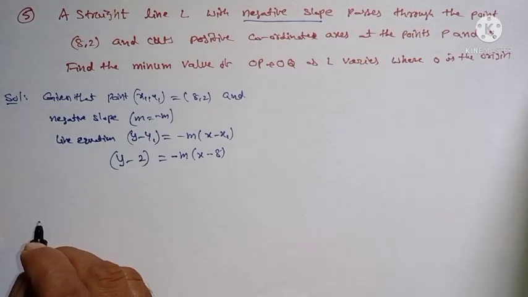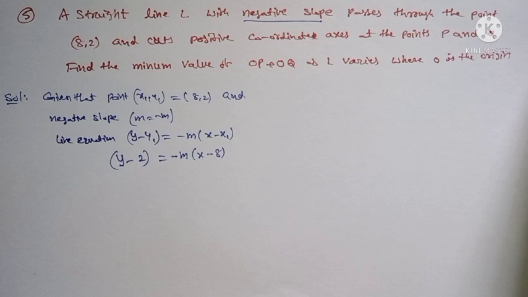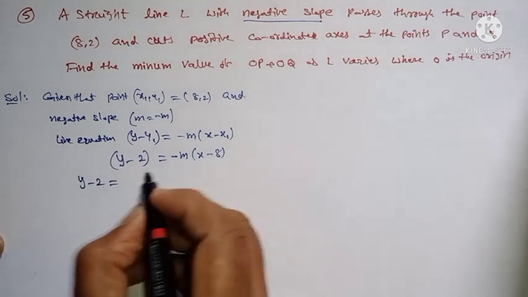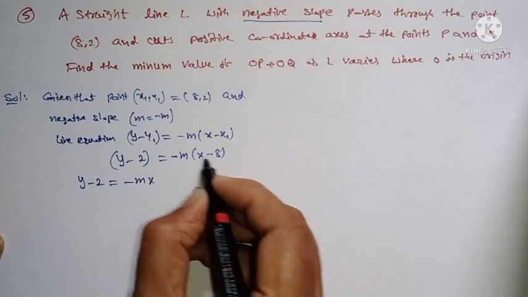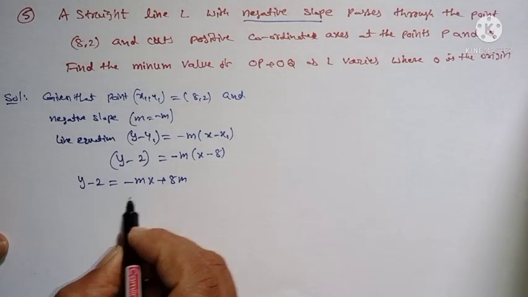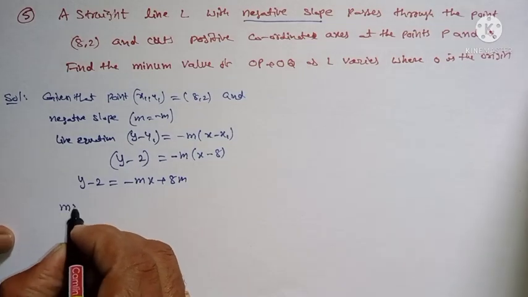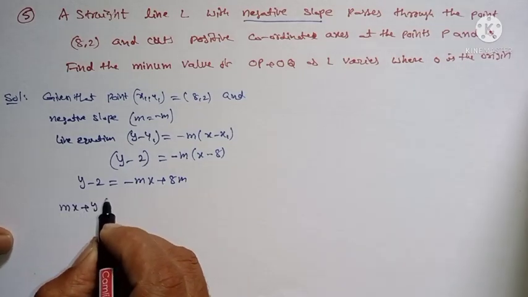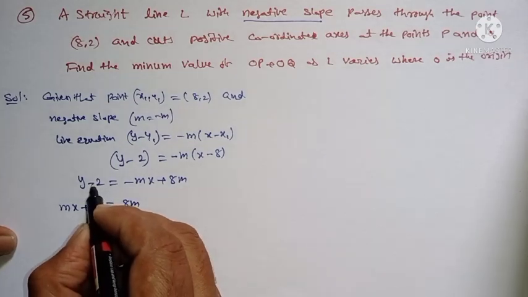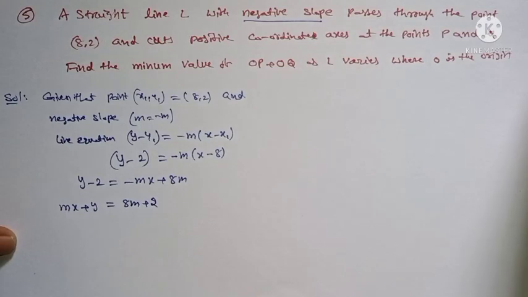You can simplify this and write it in the form of x by a plus y by b is equal to 1. How can we do that? Observe here, y minus 2 is equal to minus m times x minus of minus 8m. Bring the x term to this side: mx plus y is equal to 8m, and bring this minus 2 to the other side, plus 2 only. Are you clear? This is minus mx, which comes to this side.